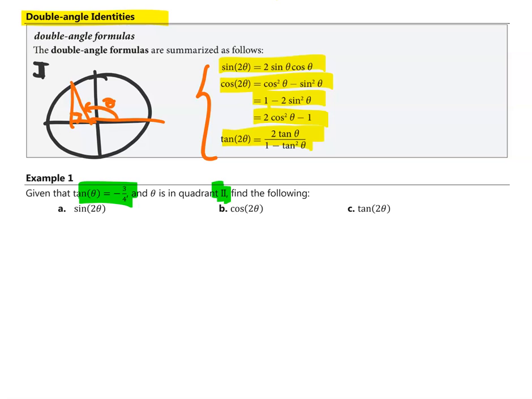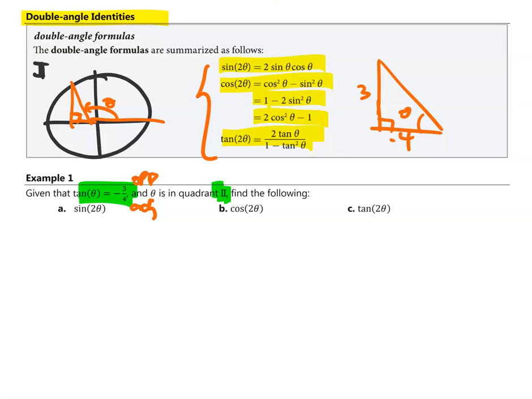So if this is our angle, this is opposite over adjacent, so 3 over 4, and in quadrant 2 this is going to be negative 4.